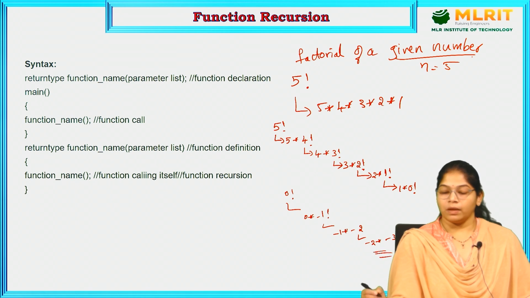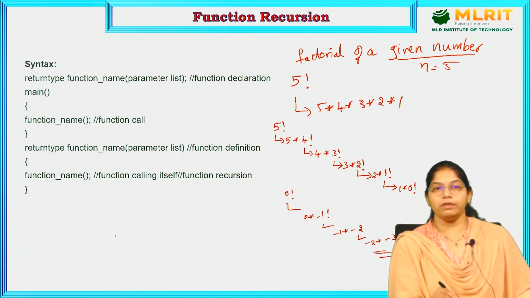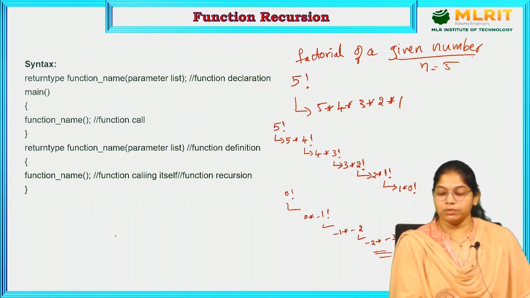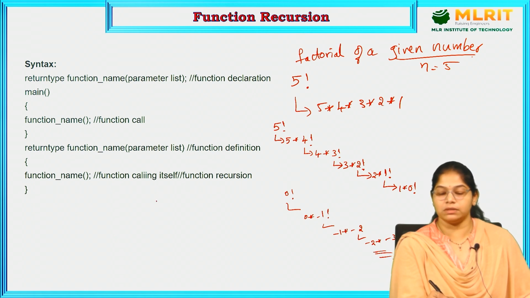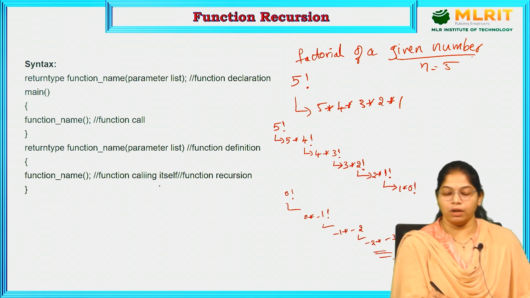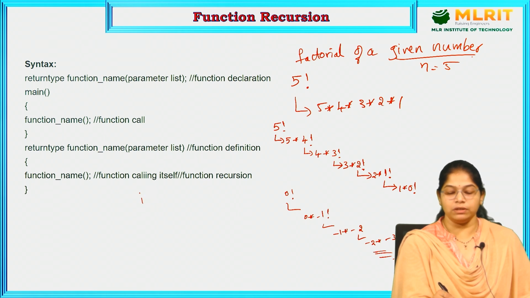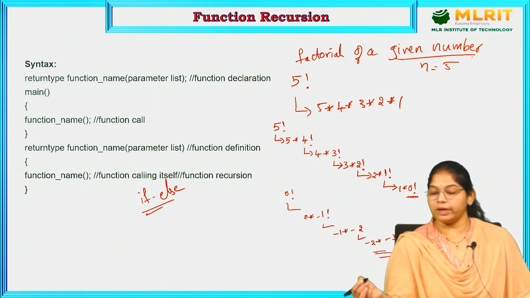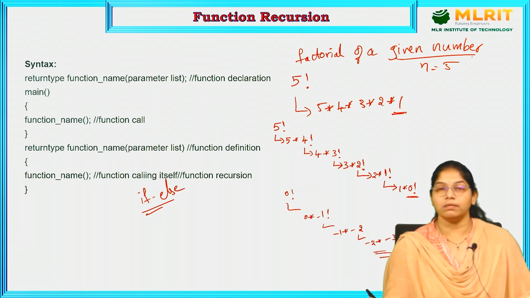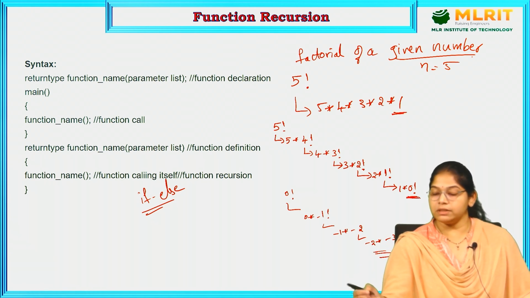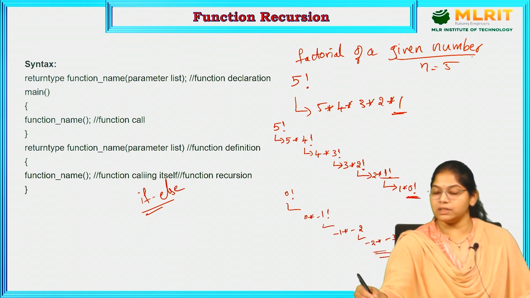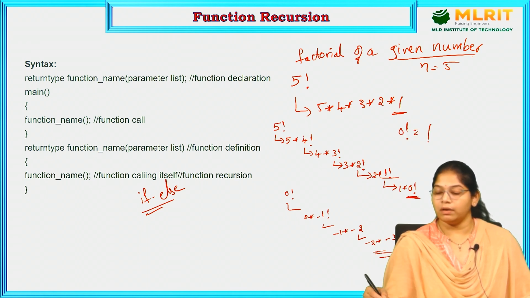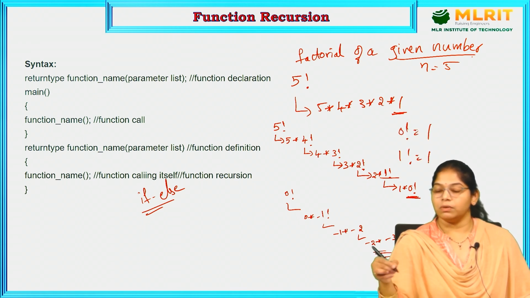No. As I told you, whenever we are writing a program using function recursion, we must stop the function call at a condition by writing a condition using an if-else construct. Where to stop? Either you can stop at 0 factorial or at 1 factorial, as we know that 0 factorial is 1, and 1 factorial is also 1.